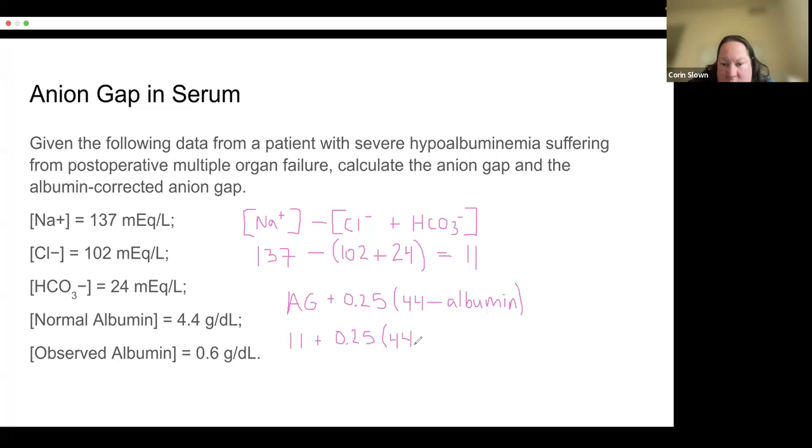And if it was normal, it would be 4.4. And then you can do the calculation for the one with the observed albumin.